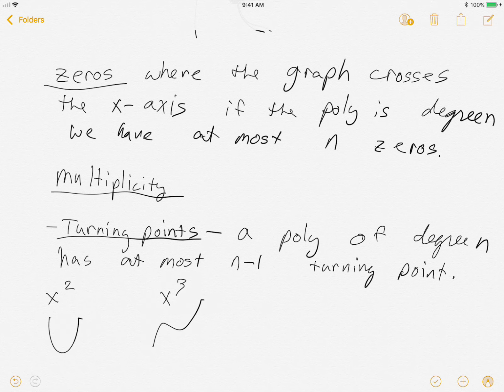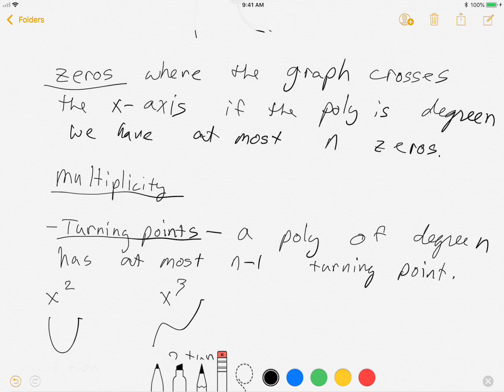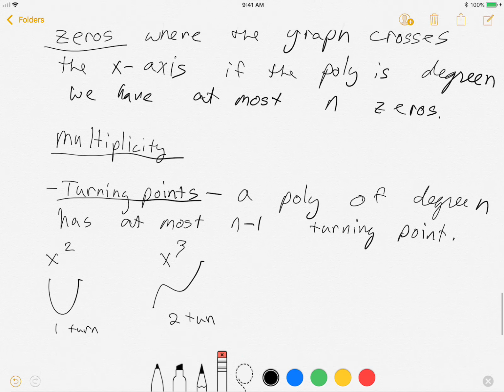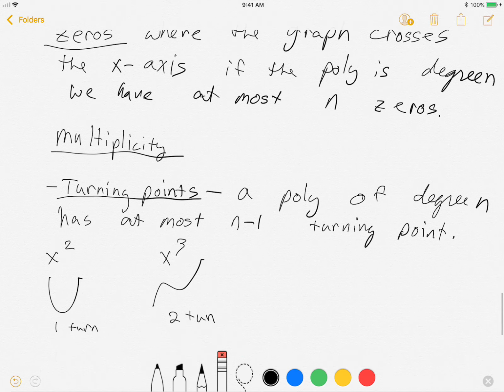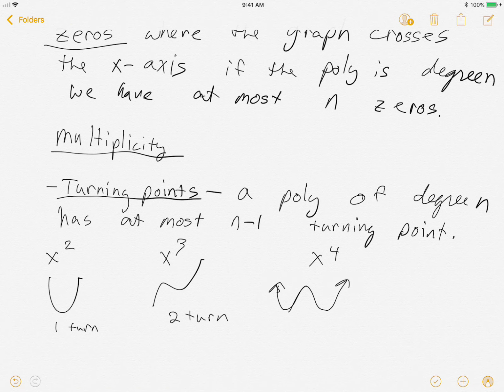So this is 1 turning point. This is 2 turning points. x to the 4th looks like this. 3 turns.